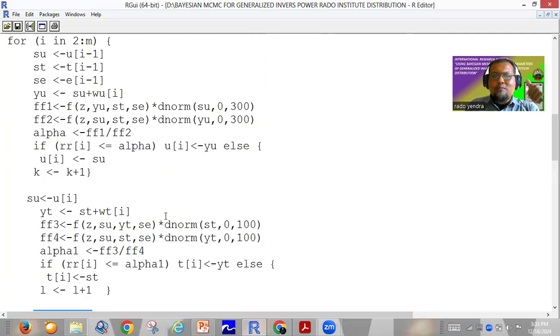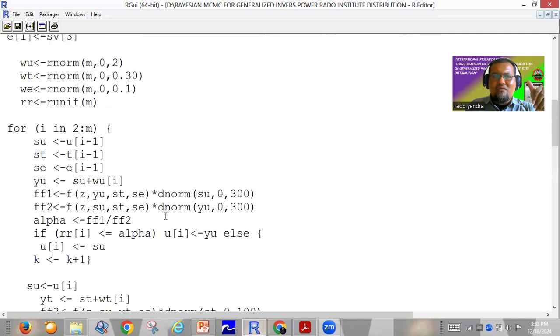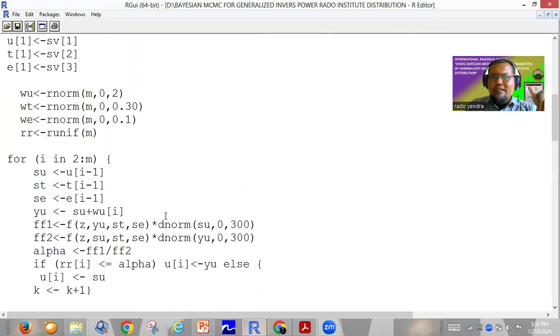So from this formula, we will burn in each parameter for 10,000 draws. Of course, if we run the program, we will have 10,000 values for the beta parameter, 10,000 for the parameter alpha, and 10,000 for the parameter theta.